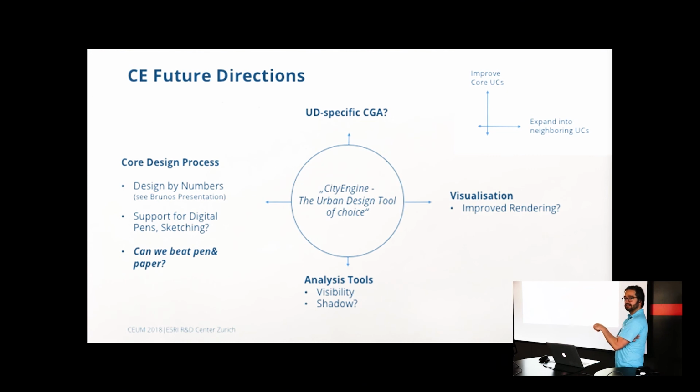And here I want to give a reference to Bruno, over here, he will have a presentation tomorrow on his urban Master Planner tool, who really shows what this could mean in a very early design step. And this is a very interesting approach in how CityEngine could really reach into these very early phases of a design process.